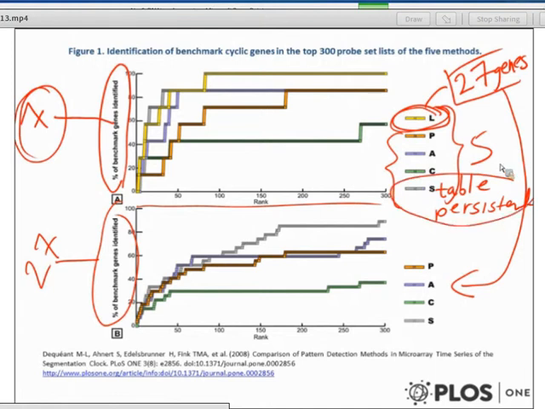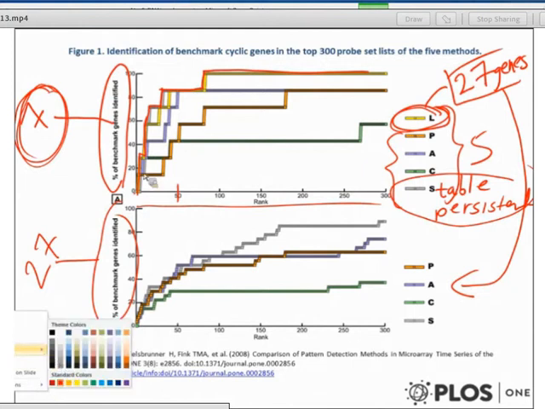If you look at the gray curve, if we rank them from the ones that we believe are mostly periodic to the ones that we don't think are periodic, and we take a look at the top 300 genes, remember we had 7,549 genes. What percent of the 7 are in here? Well, the gray curve is this one right here. Maybe I should have actually used a nice gray pen for my gray curve.